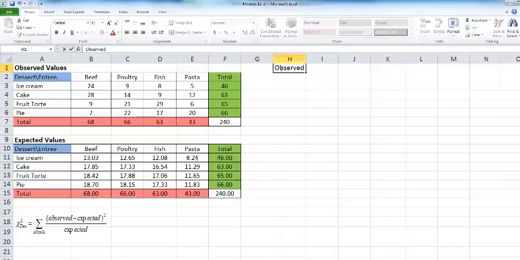Right now I'm going to put here observed. I make a column for observed value and I'm going to write this in an order starting with beef: 24, 28, 9, 7.